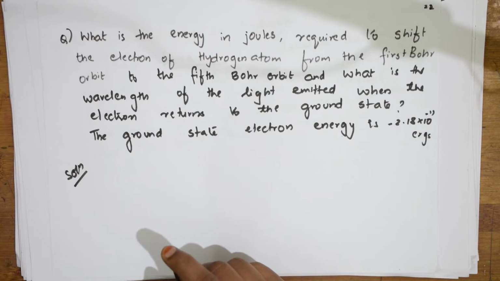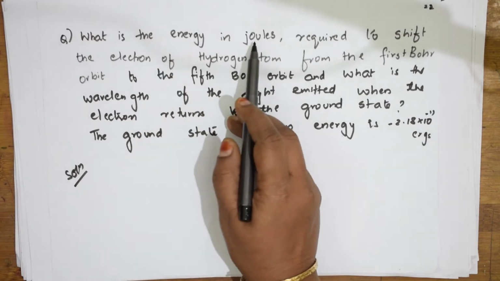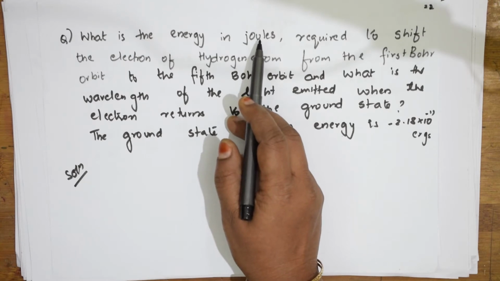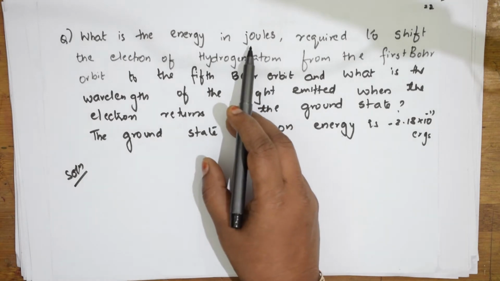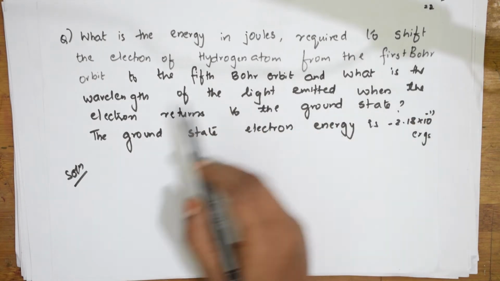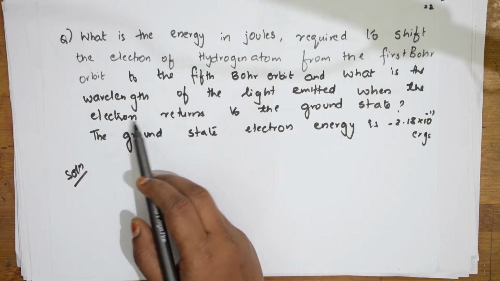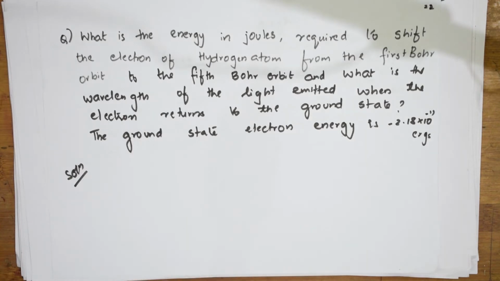So what should I find out? I need to find out the energy in joules, that is delta E, when the electron in the hydrogen atom is shifting from the first orbit to the fifth orbit. And I should also find out the wavelength. Both things I need to find out.